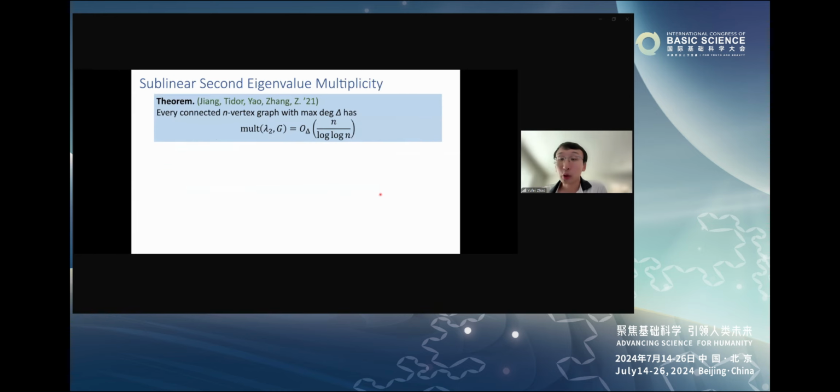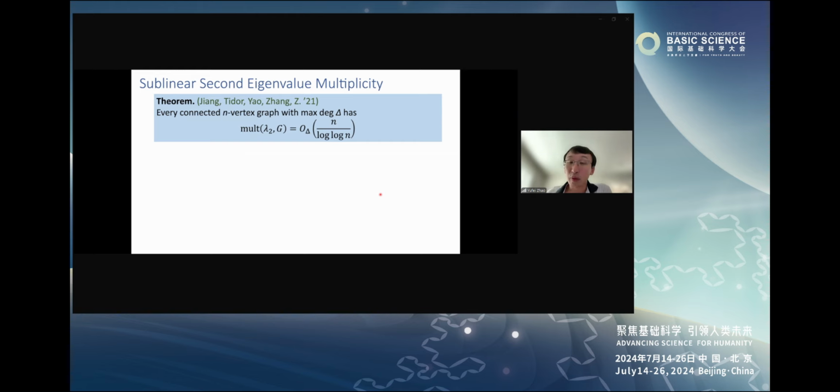And that brings us to this new result on eigenvalue multiplicity that I had mentioned earlier. So now that we're down to just bounded degree graphs, and it turns out that through other simpler arguments we only have to worry about connected graphs.